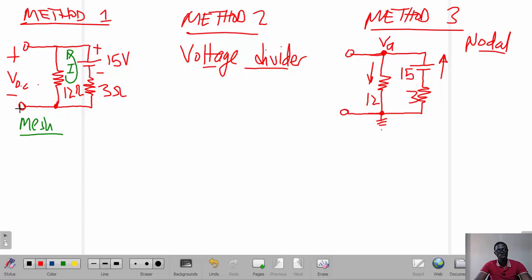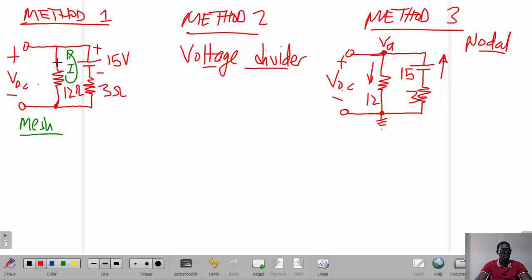First, as you know, we take out the load resistor and we remain with an open circuit on this side where we have VOC, same as here, VOC. And so when we take the mesh and we take the current here to run anti-clockwise, we want to determine the value of the current I, because we are interested in determining the voltage across the 12 ohm resistor.